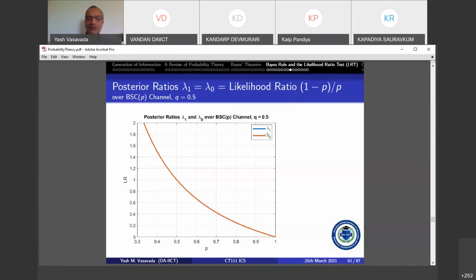Let's say you get y equal to 0, and so you calculate lambda 0, but that lambda 0 again turned out to be 1 because p is equal to 0.5. And so in this case, it doesn't matter what you get. You are not able to update your belief. You are not either able to climb up this curve or go down this curve. You are stuck at the value of 1. In other words, the output of the binary symmetric channel is useless.